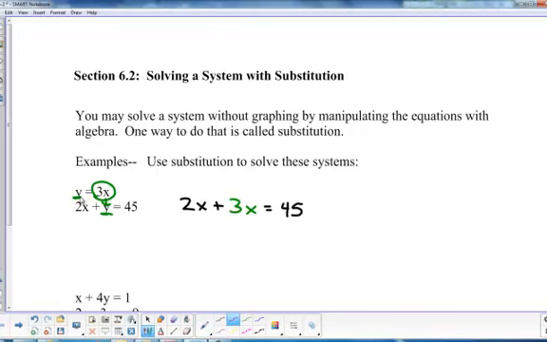This simplifies into 5x equaling 45. So to isolate the x, we would divide by 5, and x is 9. Now, the solution of these two is an ordered pair, the point where they cross, because essentially one of them has a slope of 3, starting at 0.